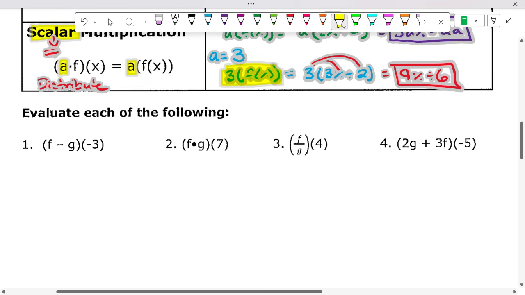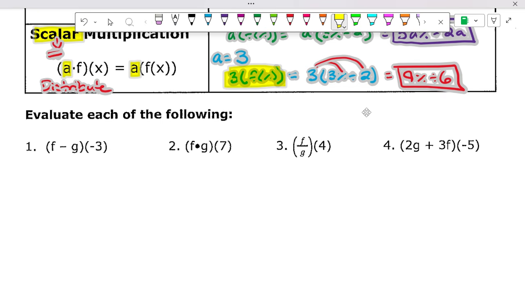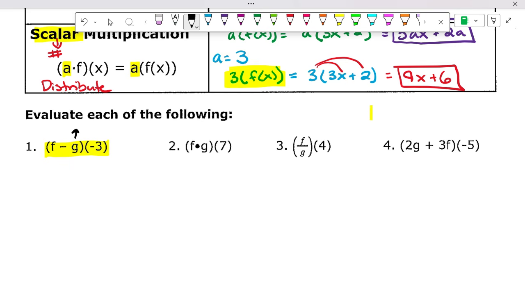They think it means multiplication, but you would do the same thing with that as you would do with that. So if you saw f of -3, what does that mean to do? Plug it in. If you saw this, it doesn't mean multiplication. It means plug in -3 after you do the calculation or the combining or whatever. We're still using the ones at the top.